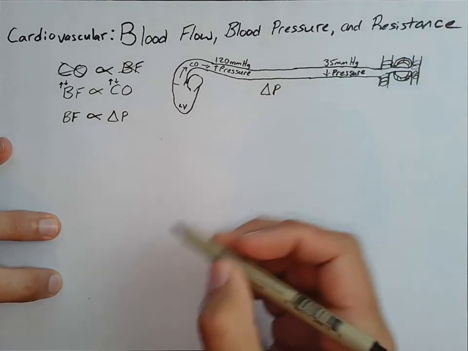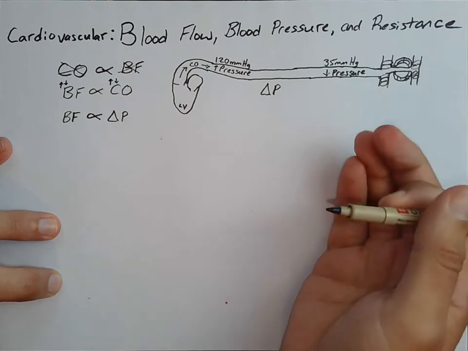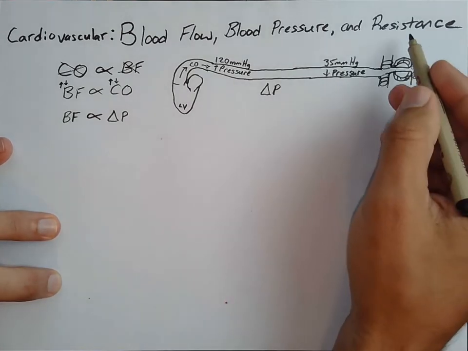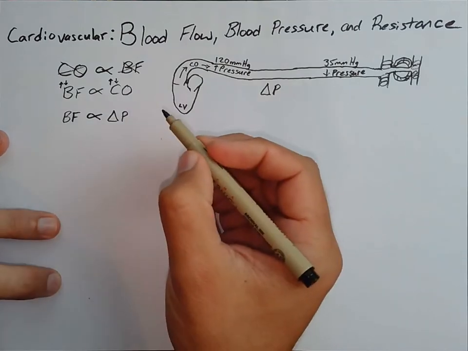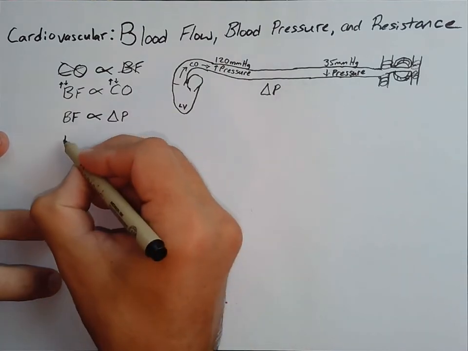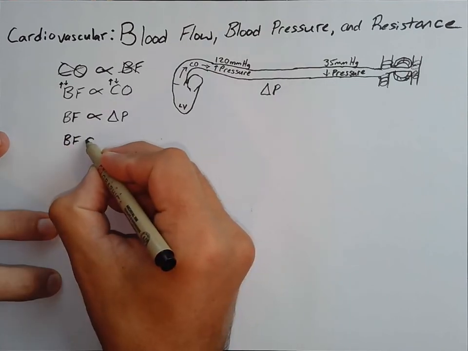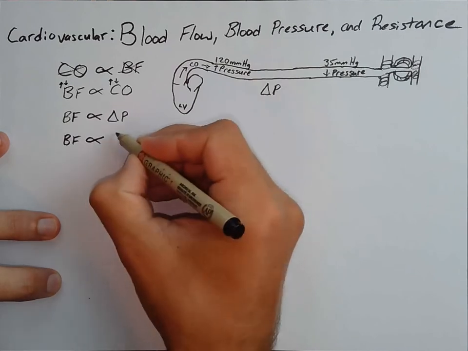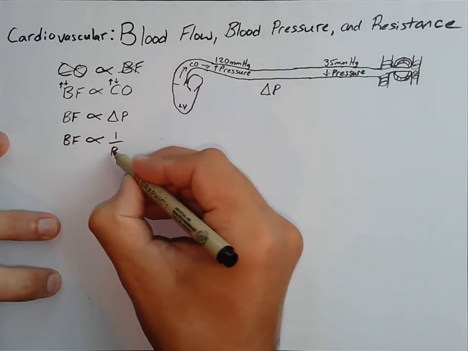And if you think back to my introductory paragraph, I also talked about this opposition of blood flow. So if we're opposing blood flow, what we want to write this out as is that blood flow is inversely proportional, or blood flow is proportional to 1 over that resistance.